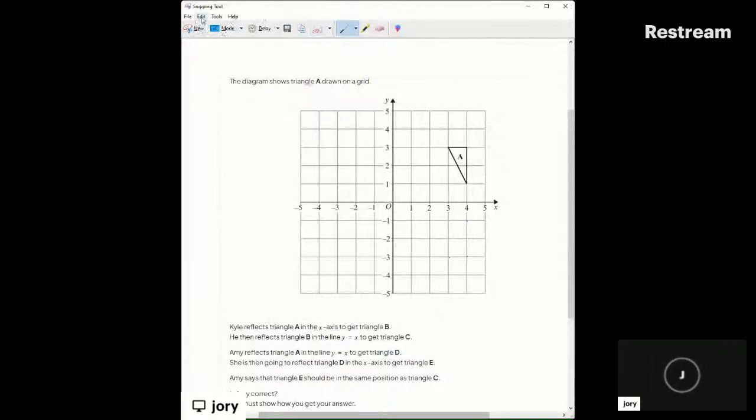Can't I get straight lines? Tools. So I don't think I can. Okay, so I should get a new one. Okay, so this is B.